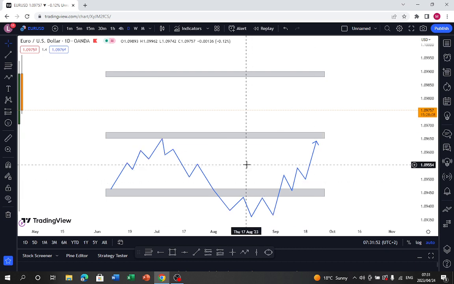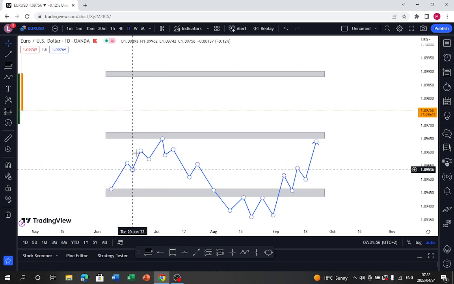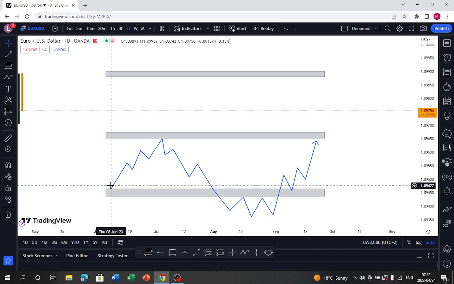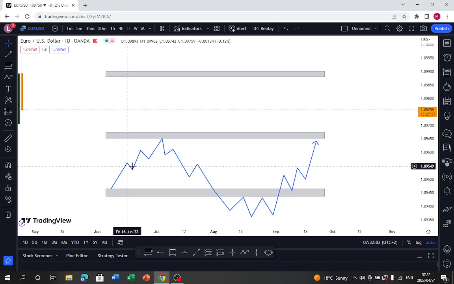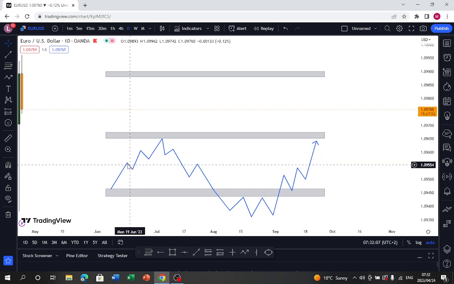So what I want to say also is these movements. What are these movements? This is basically how the market moves. It does not move in a straight line.